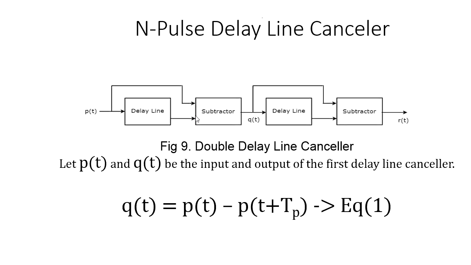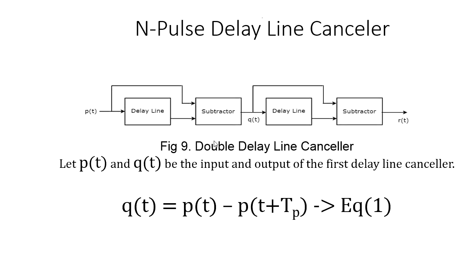So now we will discuss how to derive the equation for the delay line canceller. This figure represents the block diagram of the double delay line canceller. In the double delay line canceller, we cascade one more delay line canceller to the output of the single delay line canceller. So this is what we call a double delay line canceller.